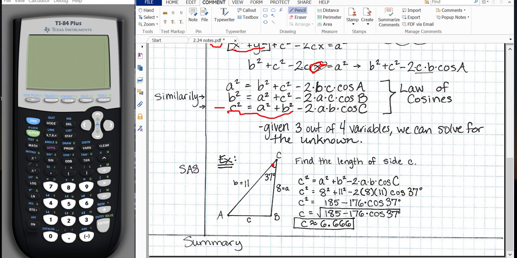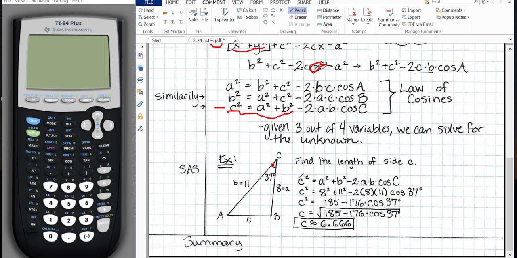Okay, so here, which side is across from 37 degrees? Yep, side c. It's directly opposite 37 degrees. So that means we can use the form of our law of cosines that starts with c squared.